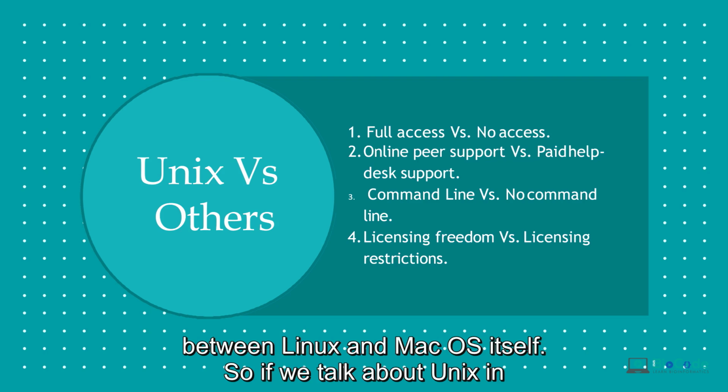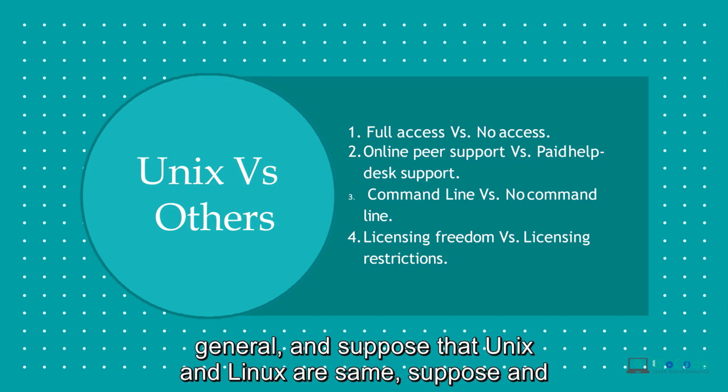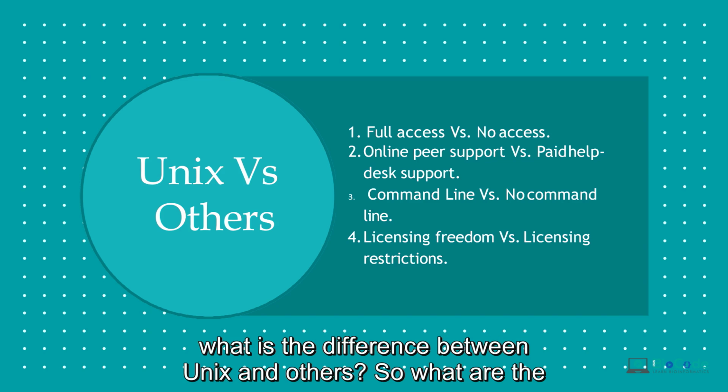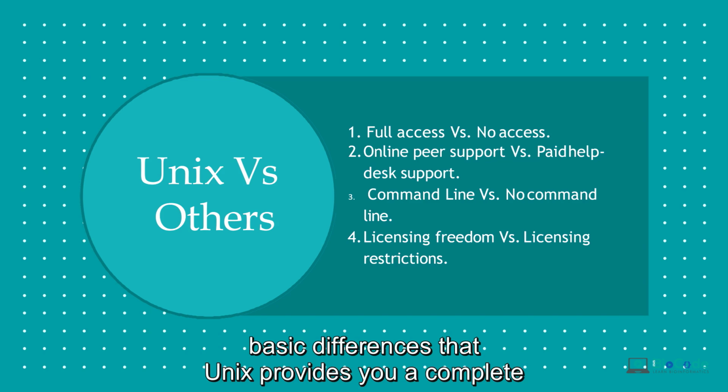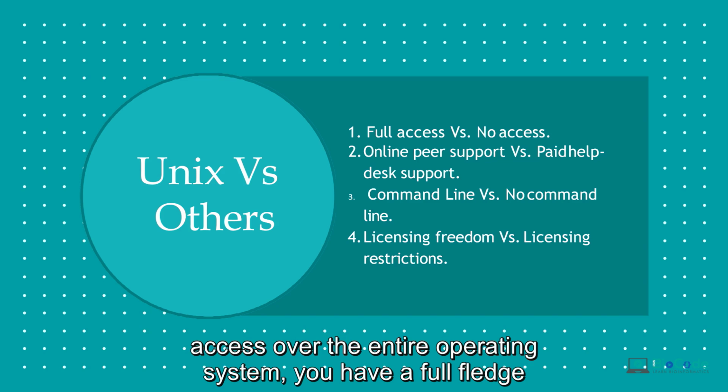If we talk about Unix in general, and suppose Unix and Linux are the same, what is the difference between Unix and others? The basic difference is that Unix provides you complete access over the entire operating system.